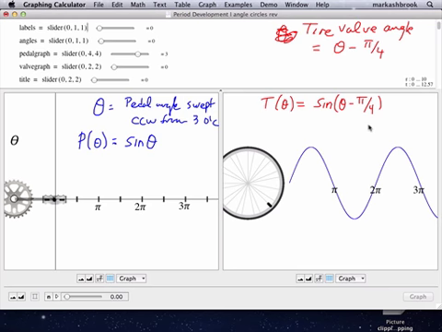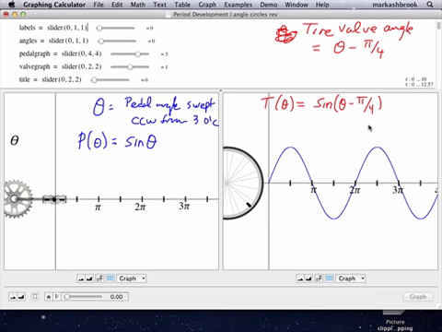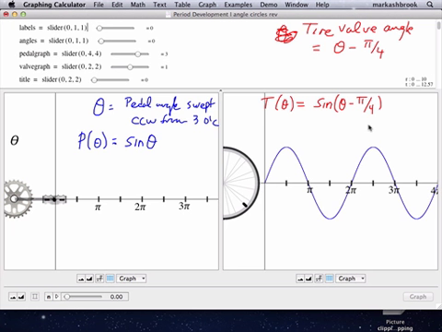Okay, so the question is, what is this T going to look like if we're saying that tire valve is always behind 1/4 of pi, or 1/8 of the circle? It's behind. So here's theta increasing, right? So you think of theta increasing like this.